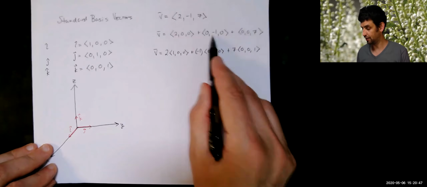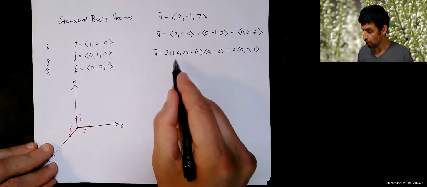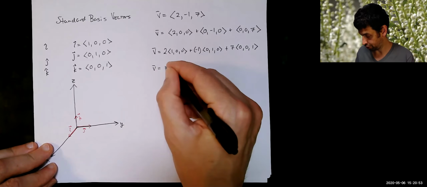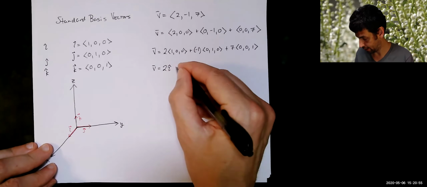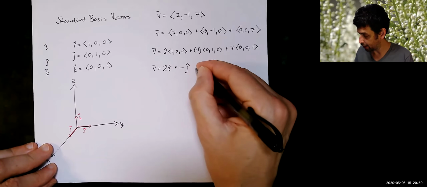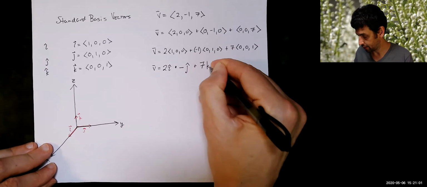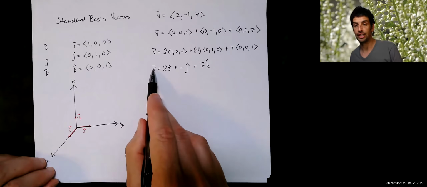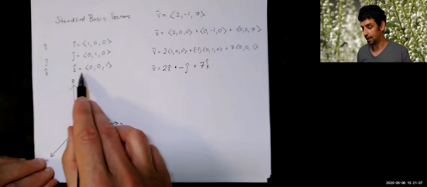Multiply -1, you get this one. 7, you get this one, right? Well, notice what's sitting right here. This is just 2 I hat minus 1 J hat plus 7 K hat, right?